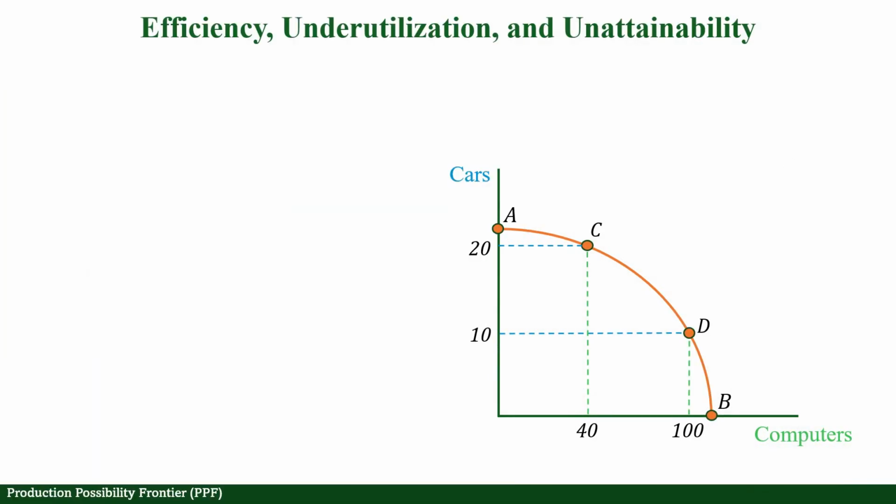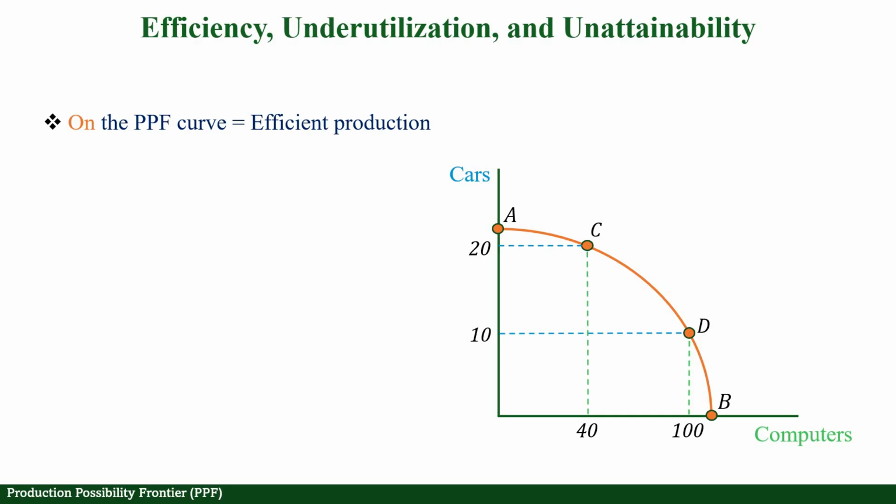Then we would like to understand efficiency, underutilization, and unattainability in terms of this production possibilities frontier. Let's look at three types of points. First of all, each point on the production possibilities curve tells us an efficient level of production.